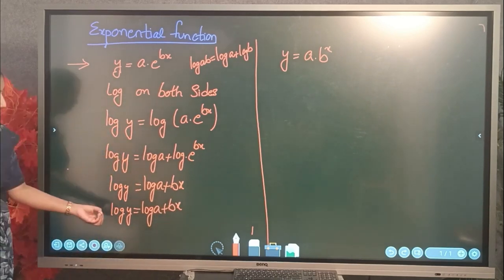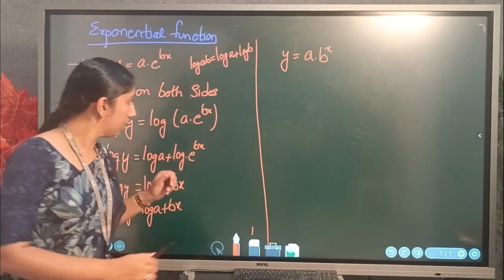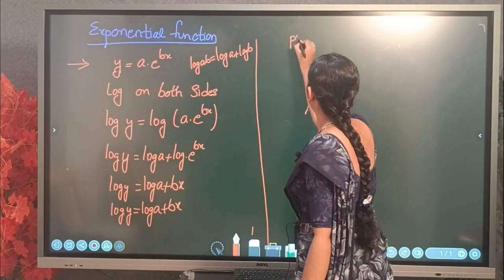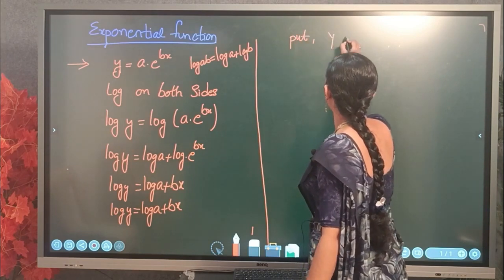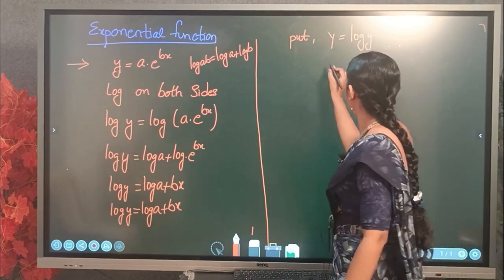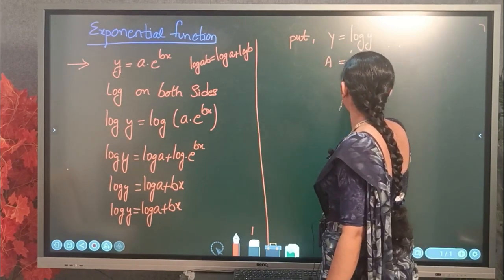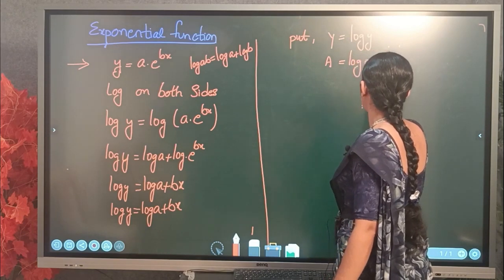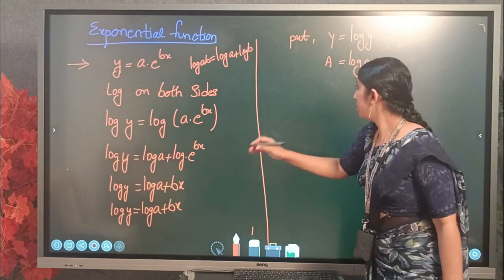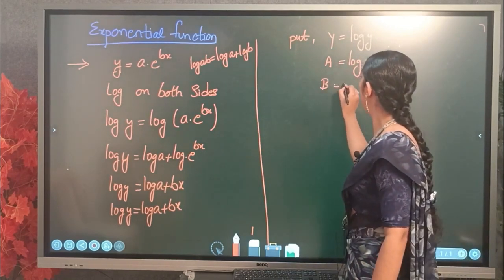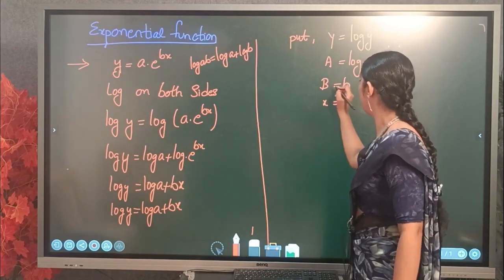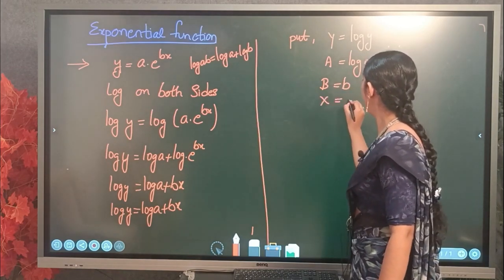This is somewhat difficult to say or write, that's why we put capital Y is equal to log y, and put capital A is equal to log a. The y term becomes capital Y, and we simply equate capital B is equal to b and capital X is equal to x.